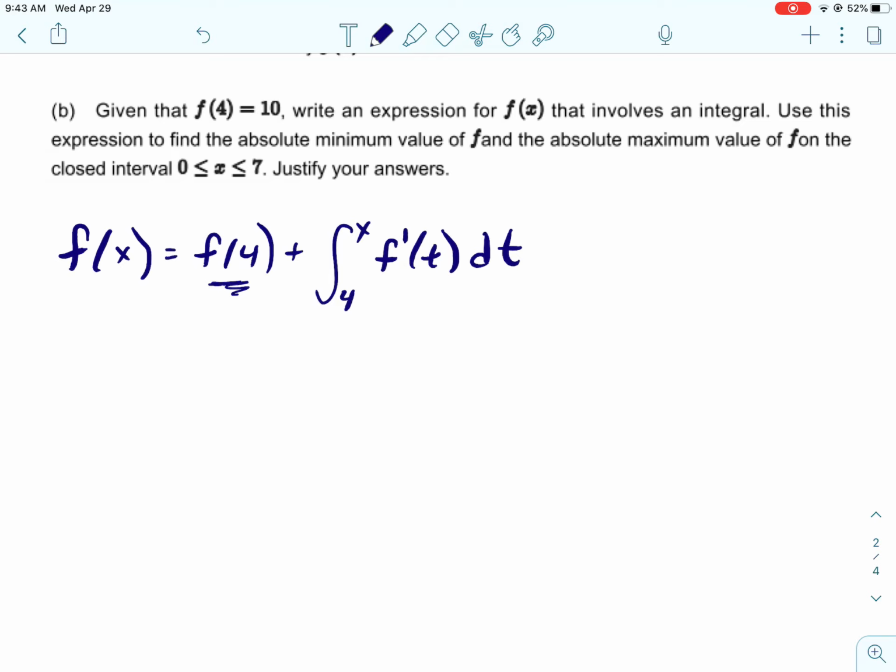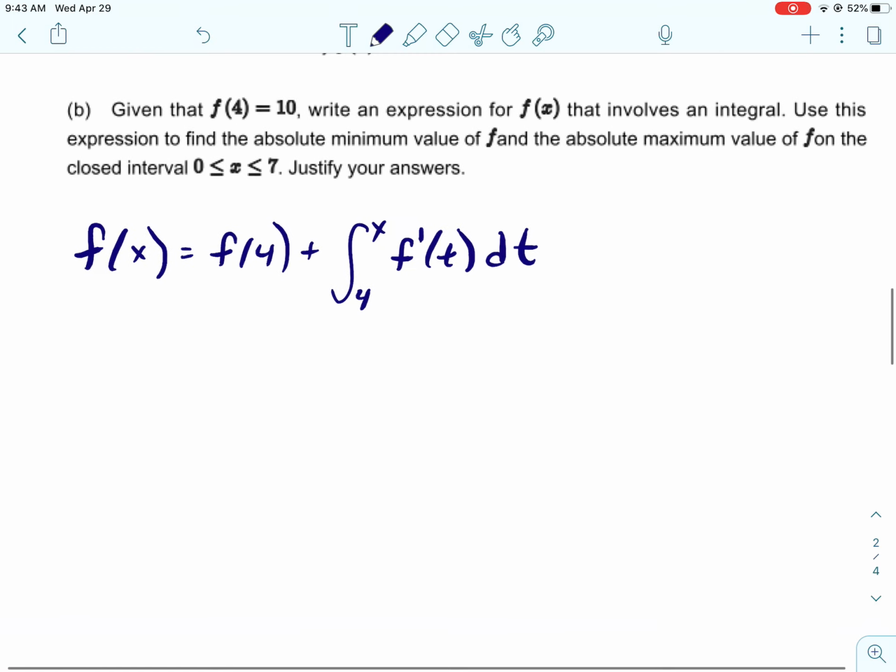I hope you guys remember doing that. We did it a couple different times. So it's like you have an initial value, and then whatever that value is here, that lower limit matches it, and then we just go to whatever we're adding, like we're accumulating values on top of that 4.